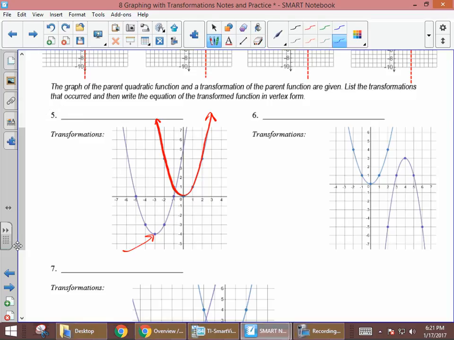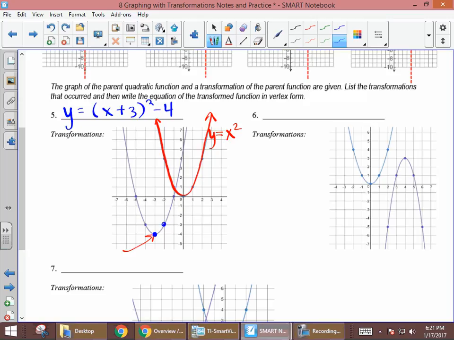Since I did the other one in blue, we all know that this is just y equals x squared. But in vertex form, the new one is going to be y equals (x plus 3) squared, because it has gone left 3, and then down 4. We have no vertical stretch, so we don't have to worry about that. But that will give us this vertex, -3, -4.